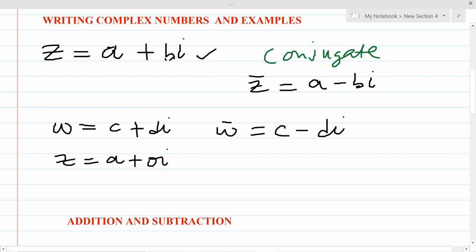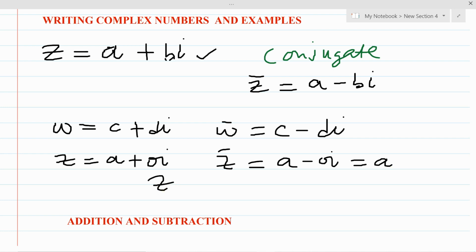So z bar will be equal to a minus 0i, and this will still give me a. So if I have a purely real complex number z equals a, then z bar will also be equal to a. The same thing. Nothing changes here. I hope this is okay, right?